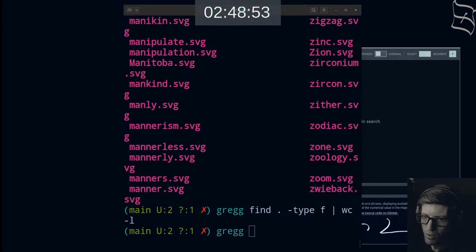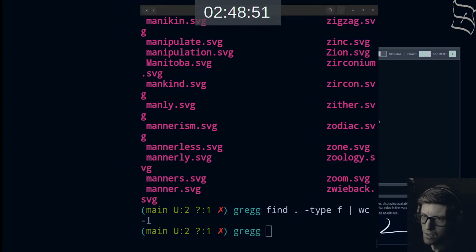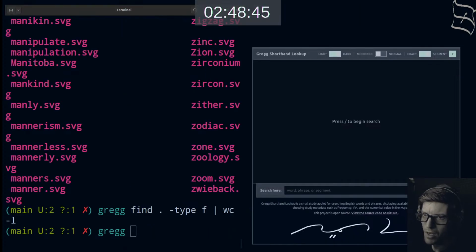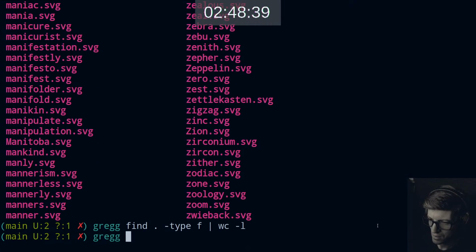Let me go to terminal, and we're going to go ahead and reset transformation. There we go. So we have our view here, and then our terminal, I'm going to resize. What is it?